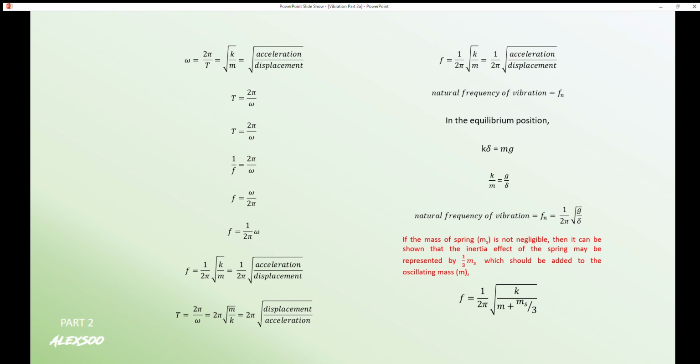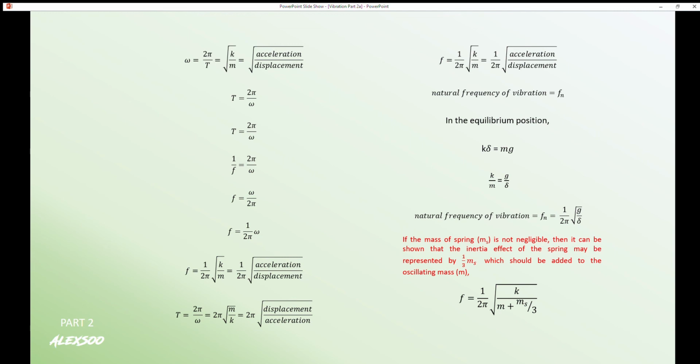Now, if the mass of the spring, which we denote as m with a subscript s, is not negligible, that means we take the mass of the spring into account. Earlier we neglected the mass of the spring. If we consider the mass of the spring, then you have to include it by taking one third of ms, where ms stands for the mass of the spring.